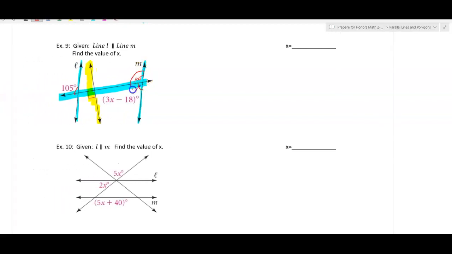And if they're corresponding angles, they're congruent. Now what do these two angles have to do? 3x minus 18 plus 105 equals 180. So 3x plus 105 minus 18 gives you 87 equals 180. Subtract 87. 3x equals 93. And x would equal 31.